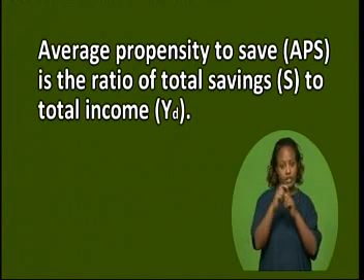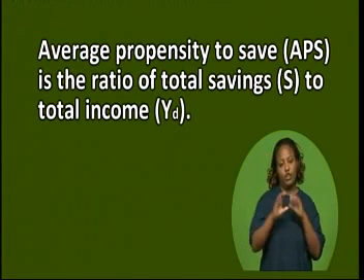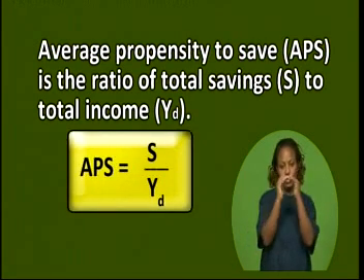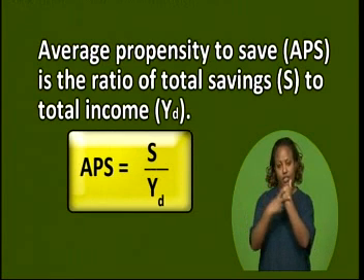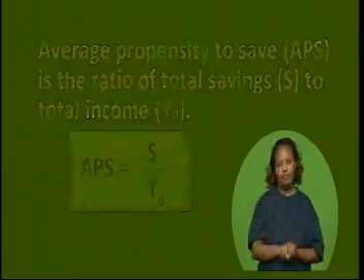In simple terms, APS is the average saving per unit of income. Symbolically, APS is equal to total savings divided by disposable income.